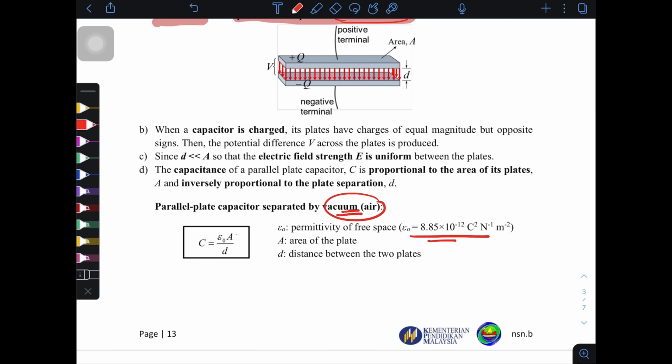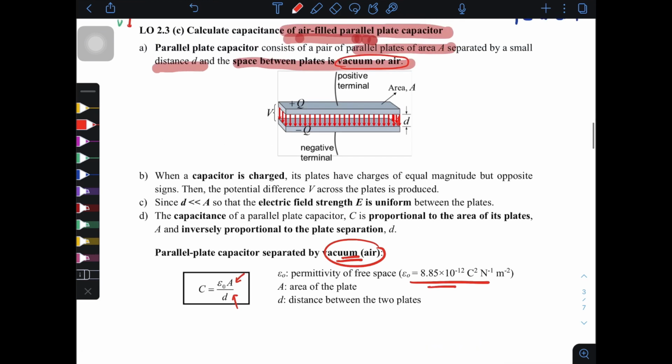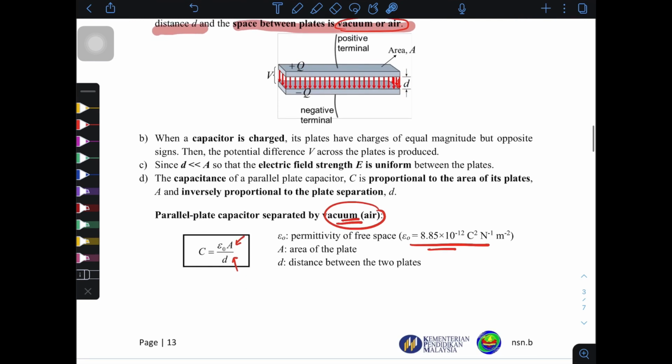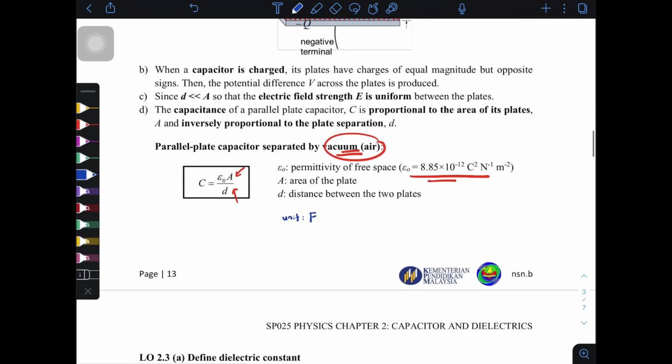Okay, A is the surface area, D is the distance between. So kalau kamu tak ingat, A is the surface area of the plate, D is a distance between the two plates. So kita akan dapat nilai C, dan C unitnya ialah farad.